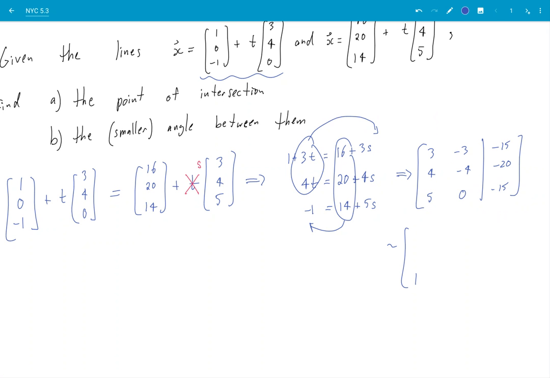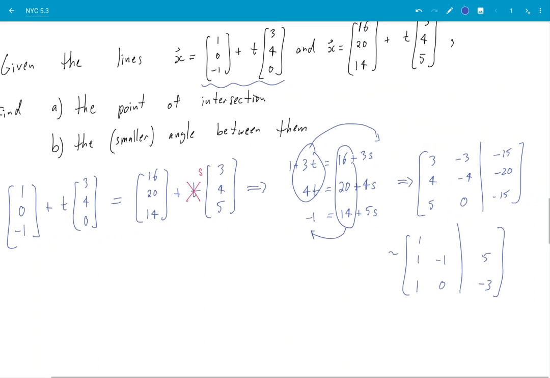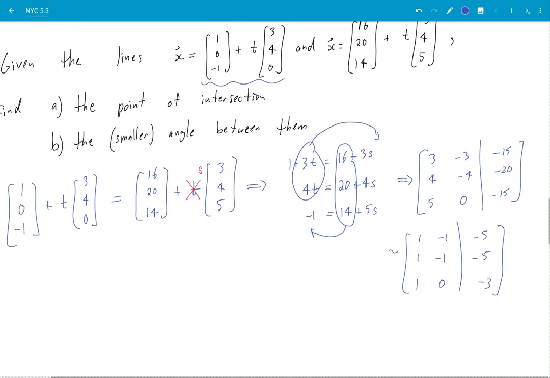So what do I get? To get 1, 0, -3. Put this line here. I'm not being consistent. Well, you can put the line there or not put the line there. It doesn't matter. And divide by 4. 1, -1, -5.